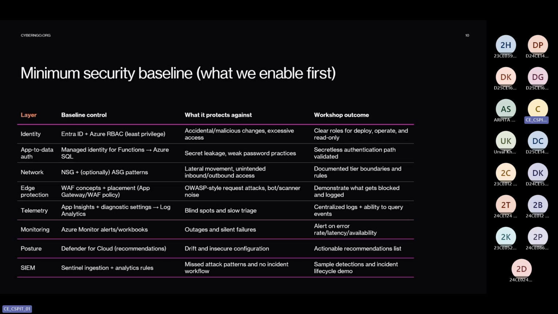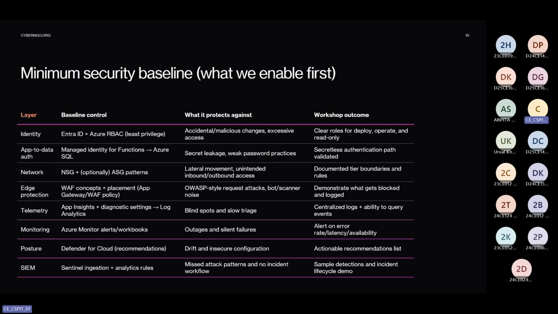It protects from any malicious changes, any accidental changes, or any excessive access, meaning overprivileged access on any of the operations. So clearly you define certain roles that you need for deployment, operate, and read only, and then clearly separate all these roles into different groups within the RBAC, as I mentioned earlier.